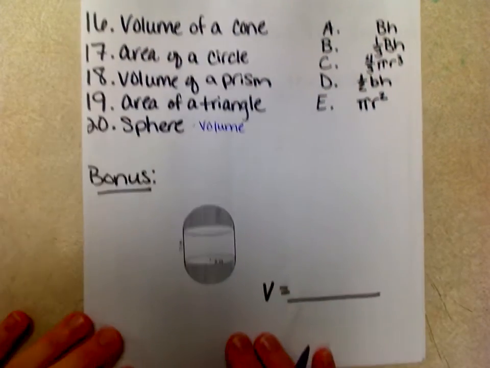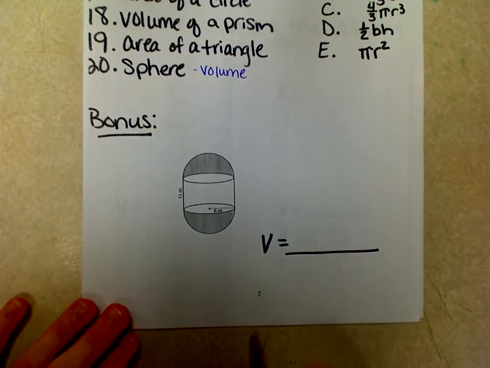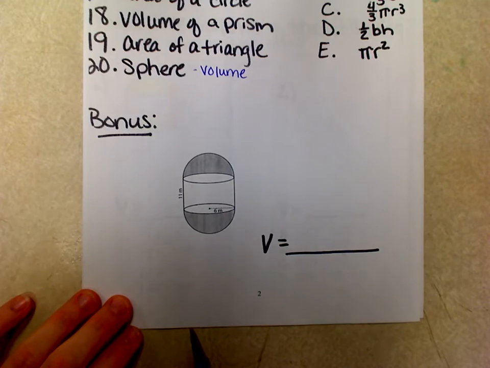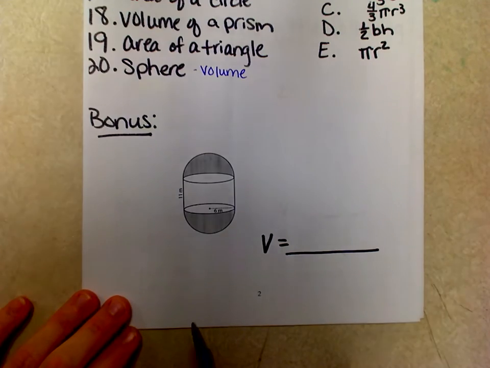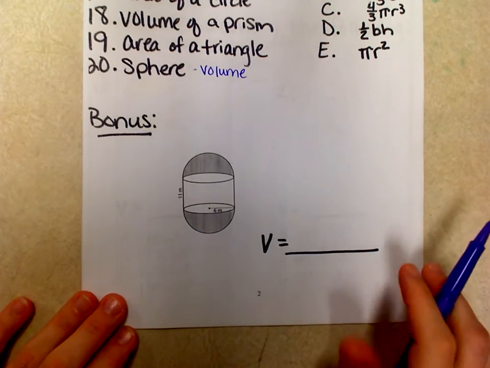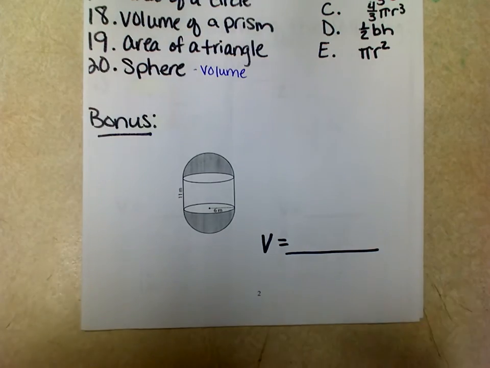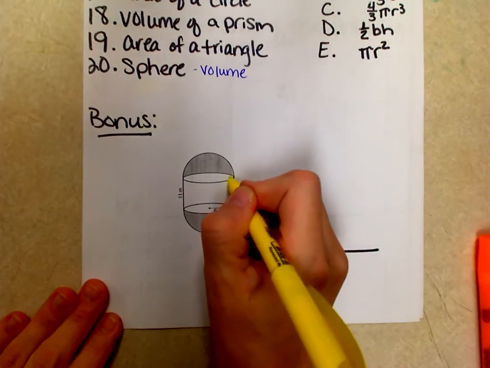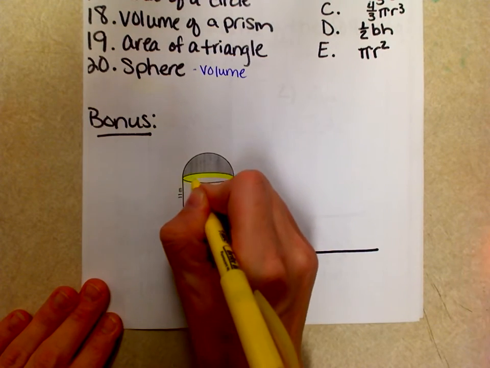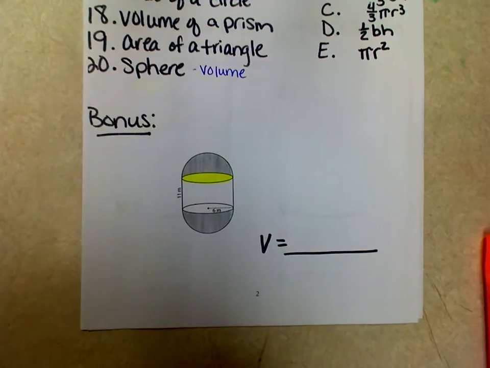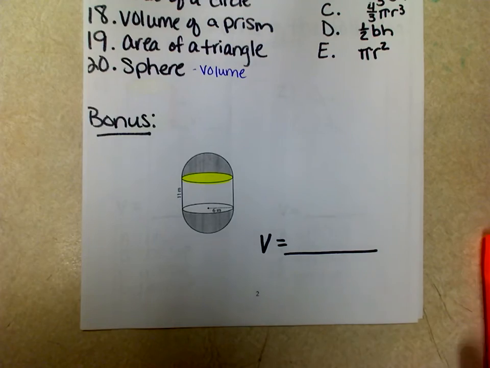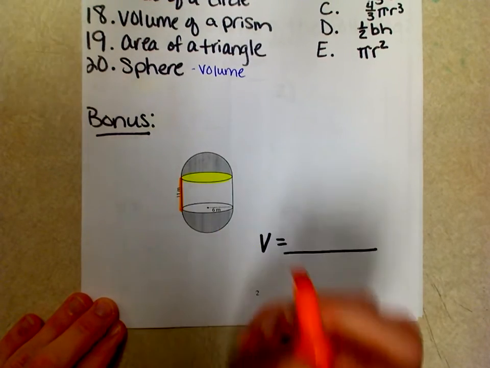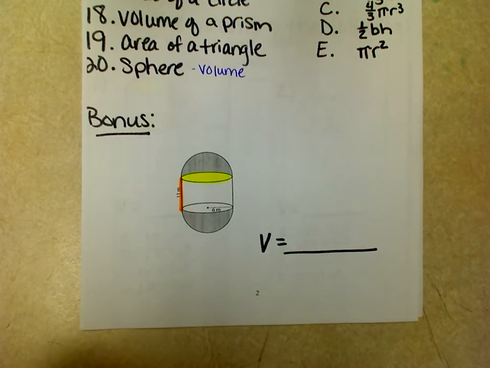Our bonus, we want you to find the volume of the composite figure. Again, these are multiple figures. You have to figure out what figures they are. And your first step would be to highlight the area of your base, and then you would highlight your height of each figure.